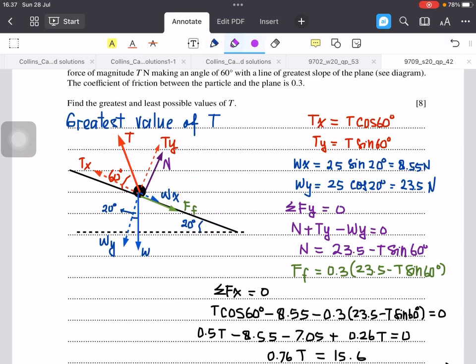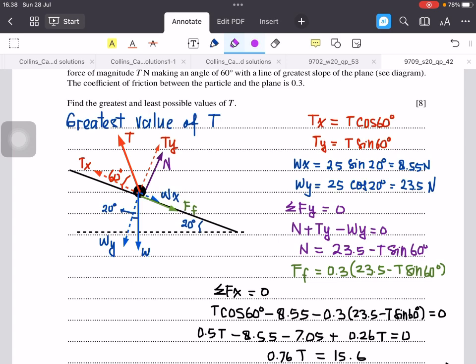Now this system is still in equilibrium, so we can also say that the net force in x direction is 0. The equation will be Tx, which is T cos 60 degrees, minus 8.55 Newton, which is Wx, and minus the friction force.